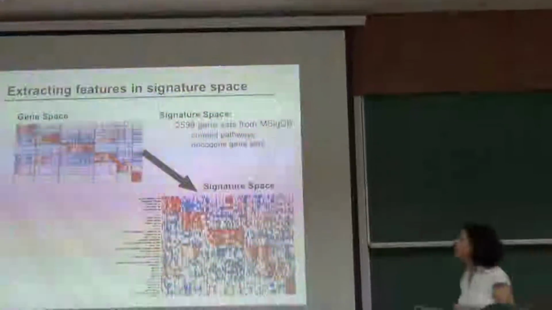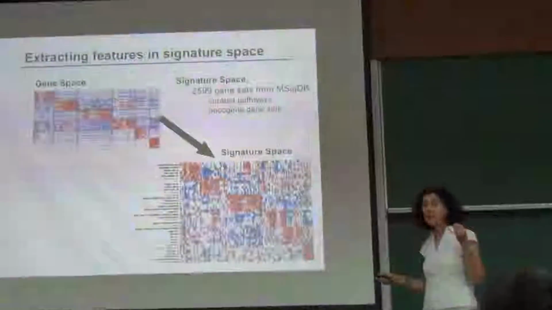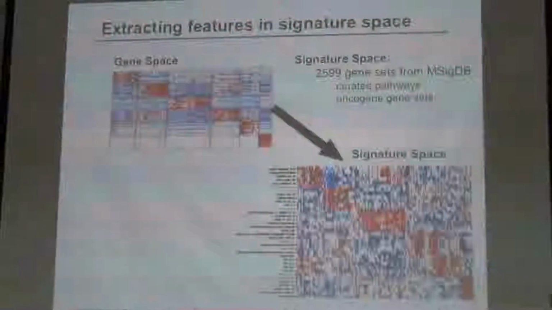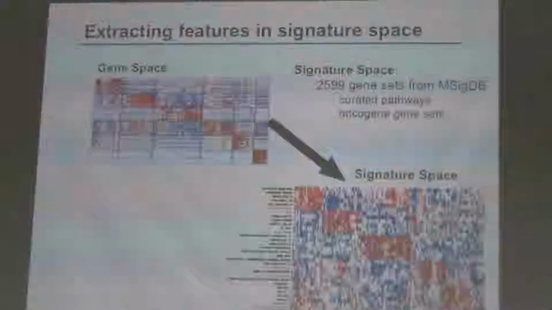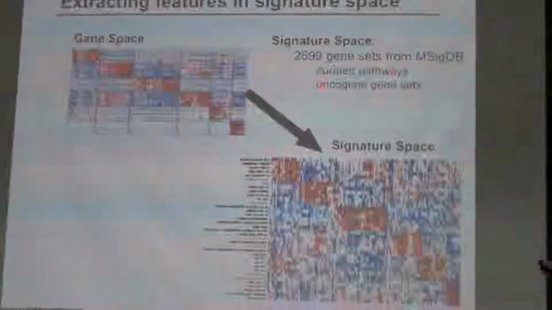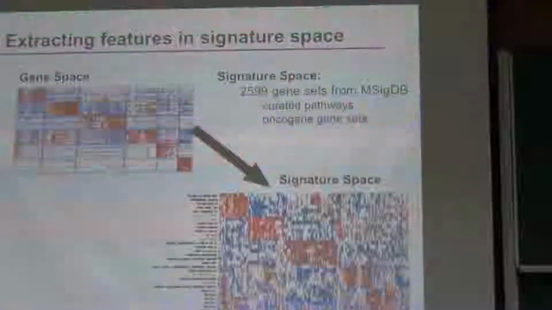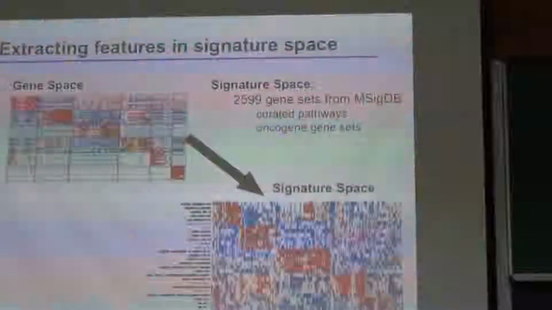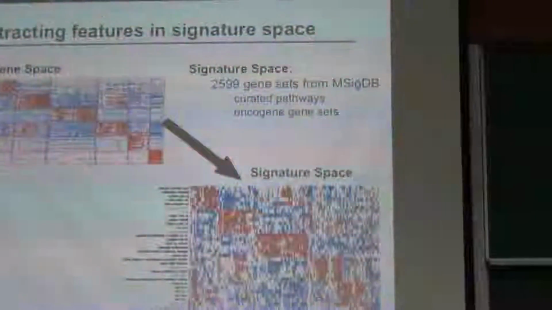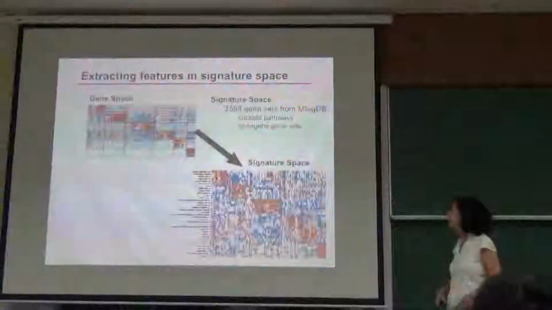So I want to go from individual gene space to signature space. So I have to have a way of projecting from this space of 20,000 genes into a space of about 2,600 gene sets: curated pathways that are related to cancer, and oncogenic, that means cancer-causing, gene sets.